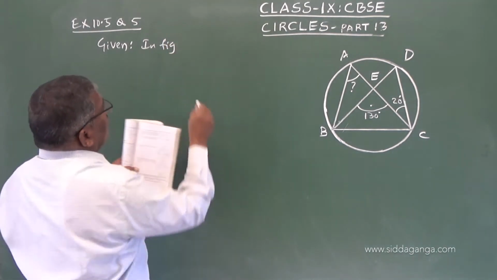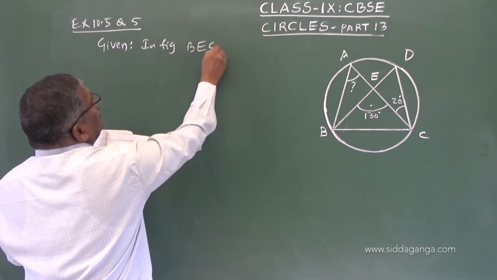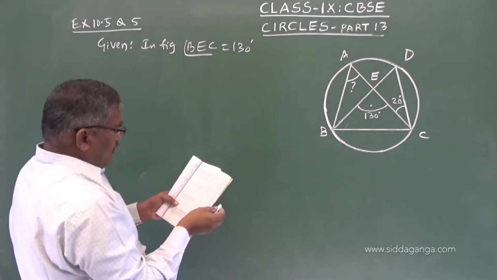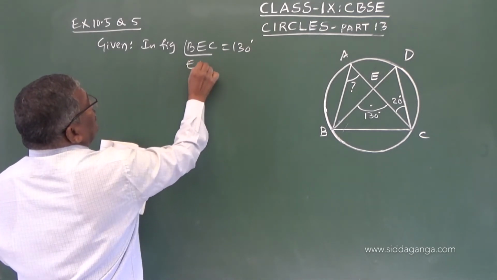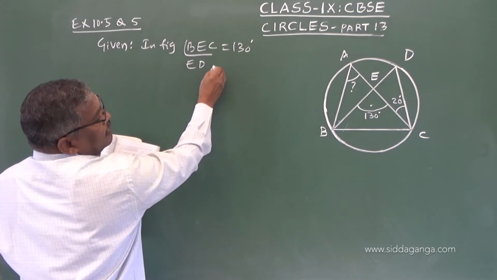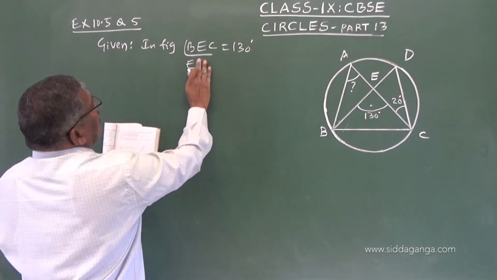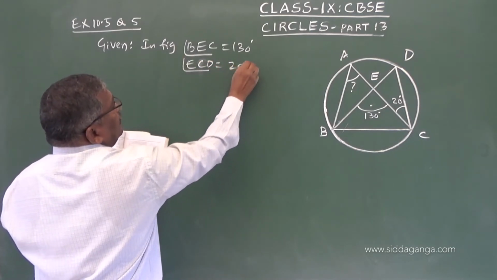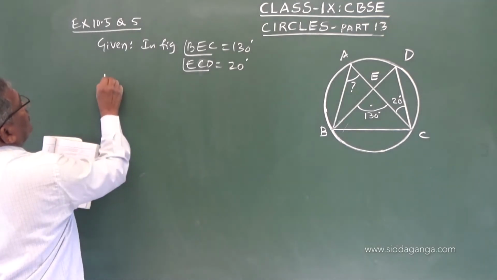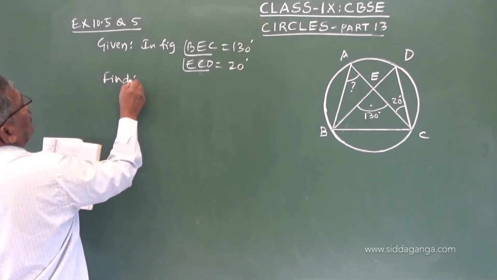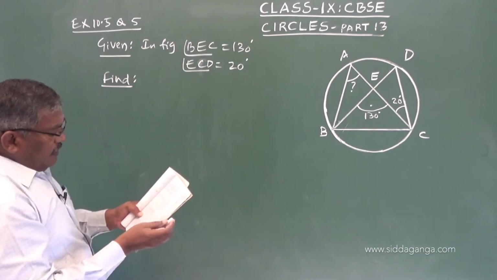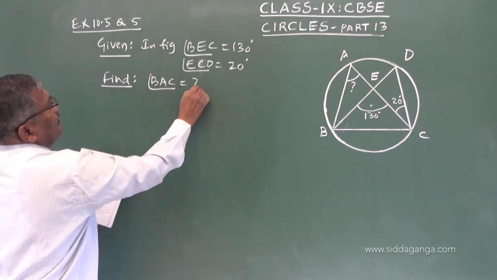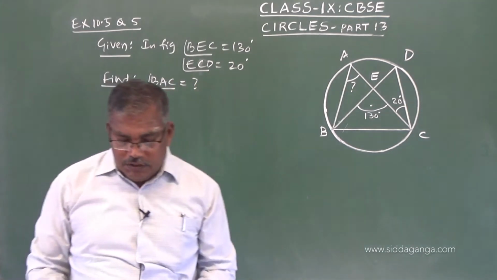So BEC is equal to 130 degree and ECD is equal to 20 degree. Find angle BAC. BAC is how much? This is the question.